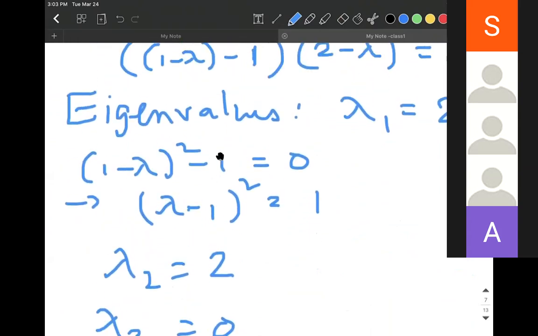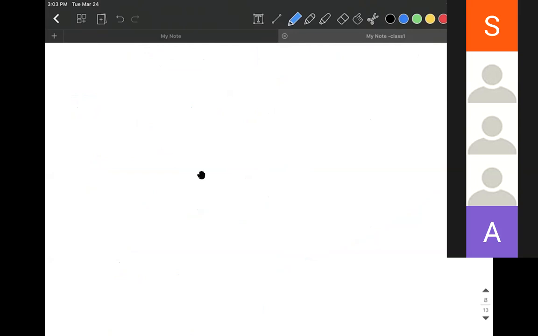Okay, so these are my 3 eigenvalues. And if you notice, lambda 1 and lambda 2 have the same value. So we say that the eigenvalue 2 is repeated twice and eigenvalue 0 is repeated once.